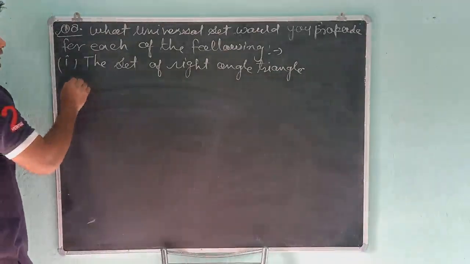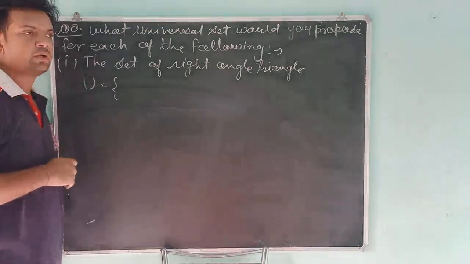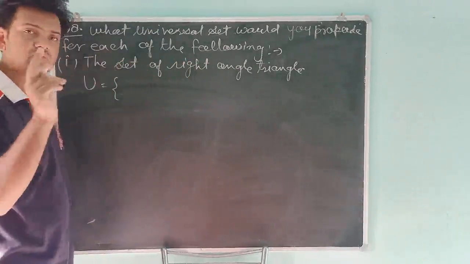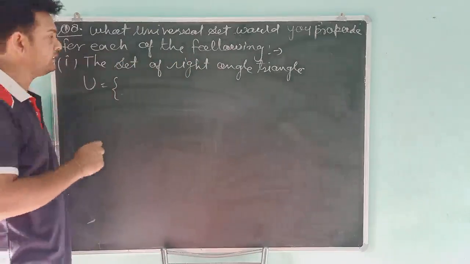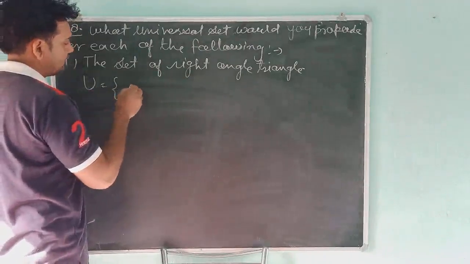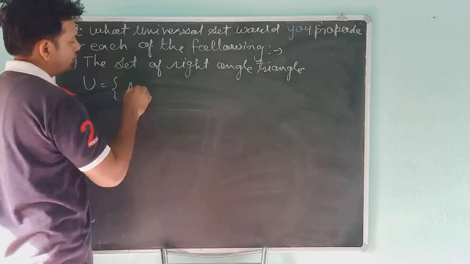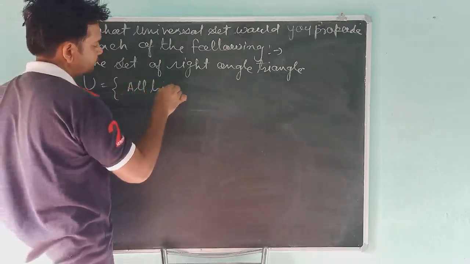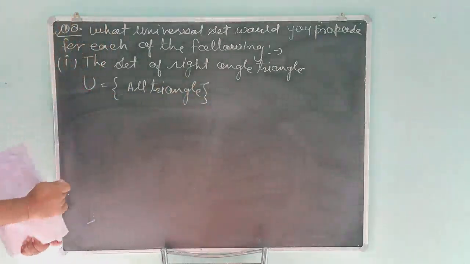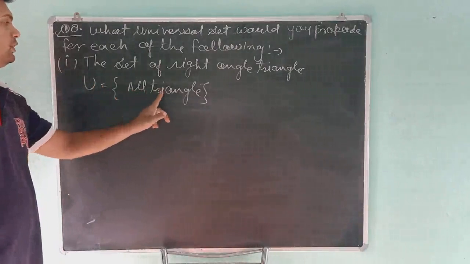You can say universal set U is equal to a set in which right angle triangles must also lie. Suppose the universal set is taken as the set of all triangles.